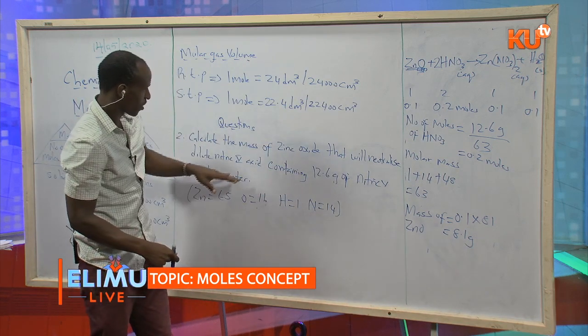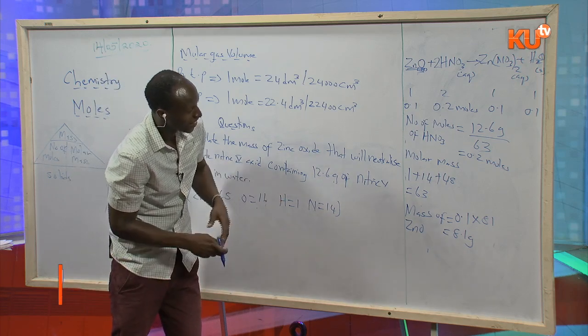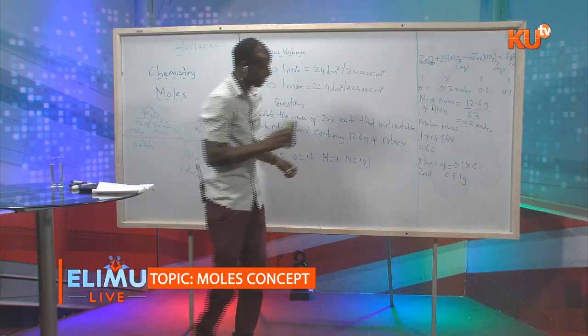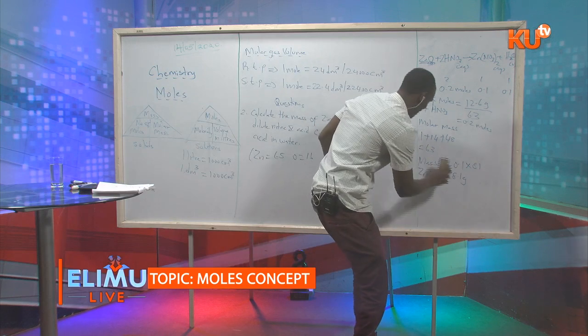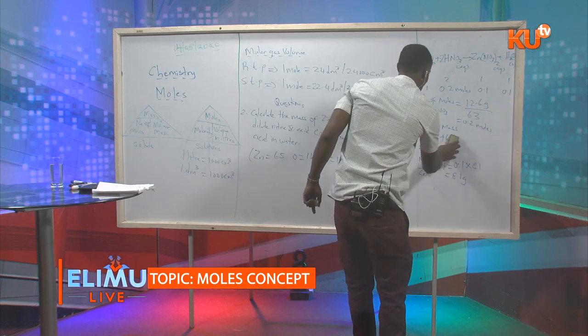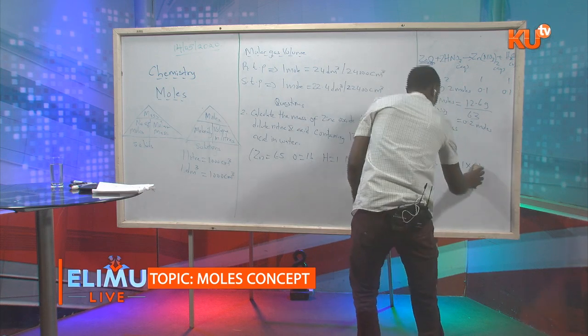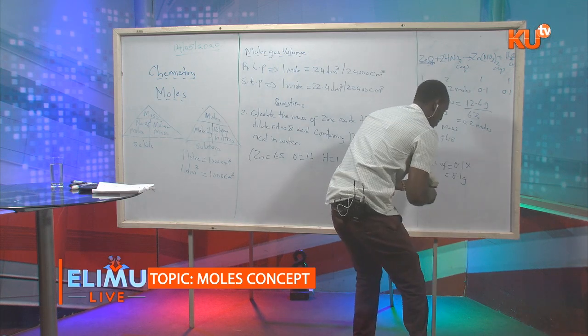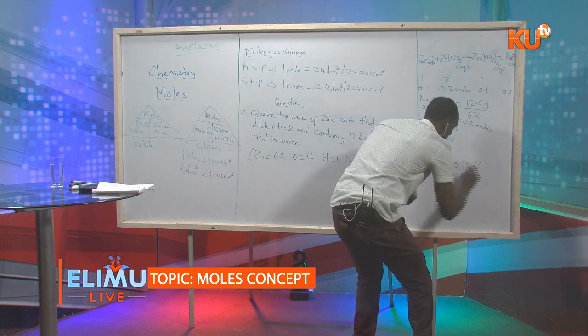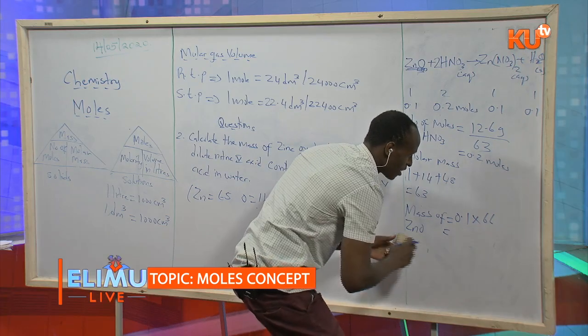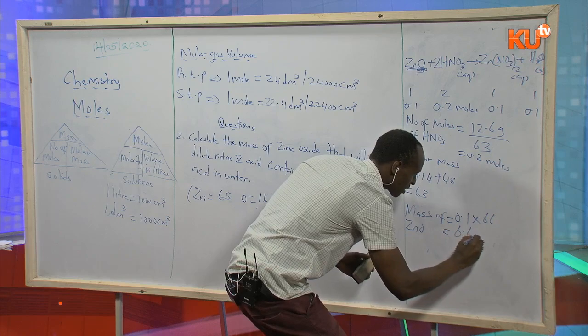We want the mass of zinc oxide. Sorry, I'll have to correct something small here. We want the molar mass of zinc oxide, which is 65 plus 1. So here should be 66, not 81, to give you 6.6 grams.